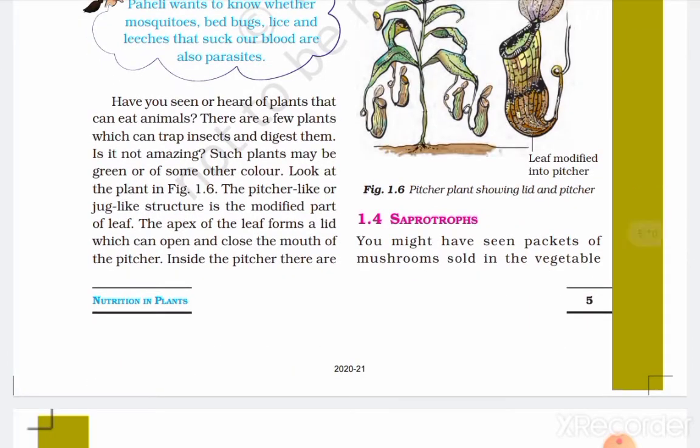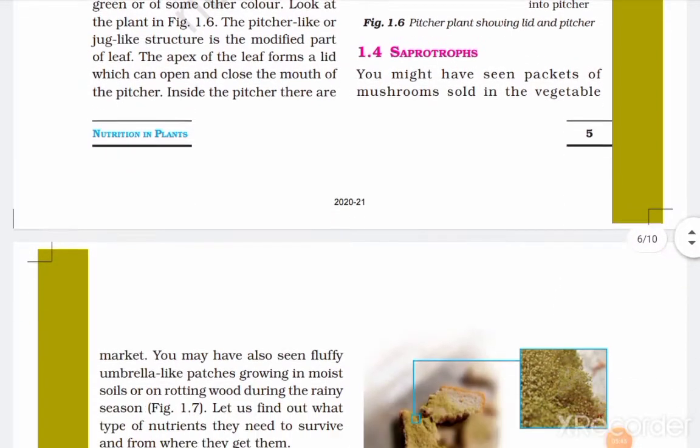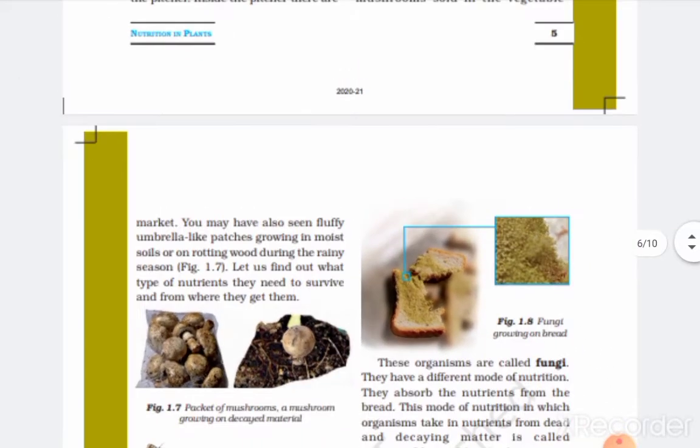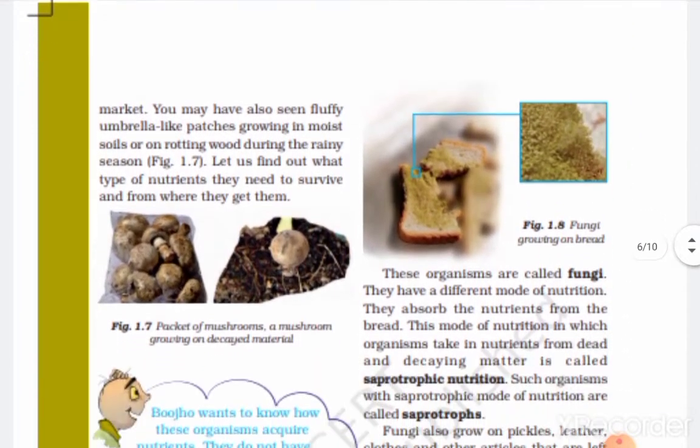Now we will talk about saprotrophs. You might have seen packets of mushrooms sold in the vegetable markets.